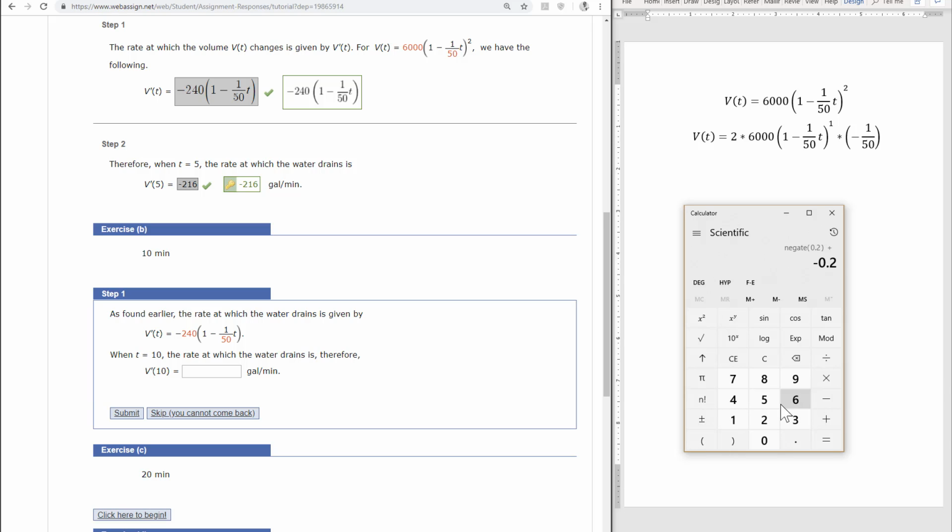So we got a 0.8, and then we're going to multiply this by negative 240, and then you get negative 192.